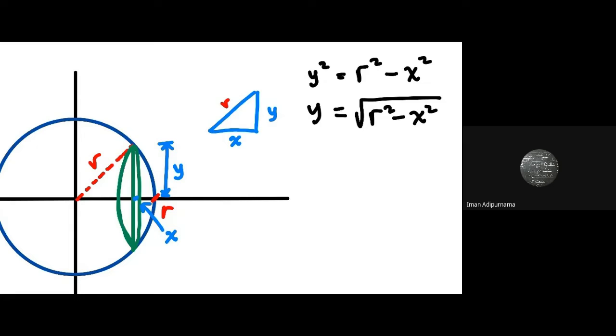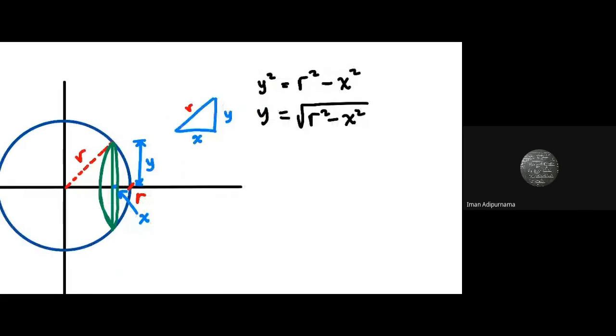This is the equation that we want to follow because we want to have functions of x. So we are going to exchange everything into a function of x.